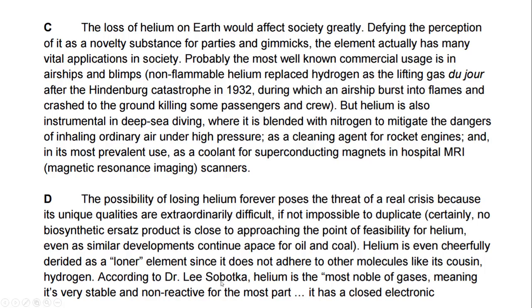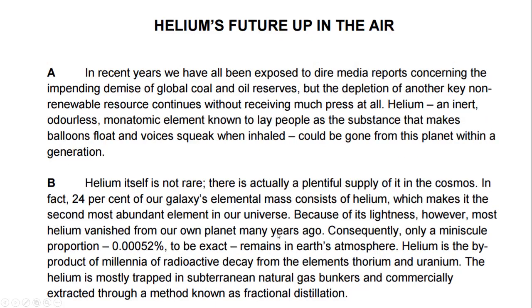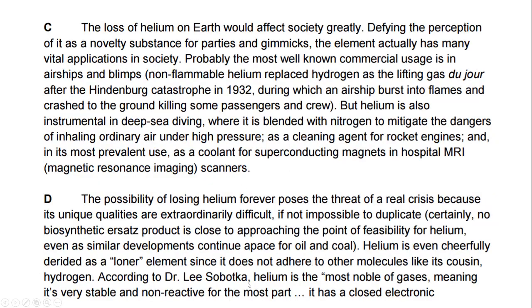Dr. Lee Sobotka. So we know this is a man or a woman. Dr. Lee Sobotka. Let's look to see if it's anywhere else. No. And you can see what I'm doing there very, very quickly. I'm just looking at the cursor. My eyes are just going that quickly. Just scanning. You're doing it that quickly.